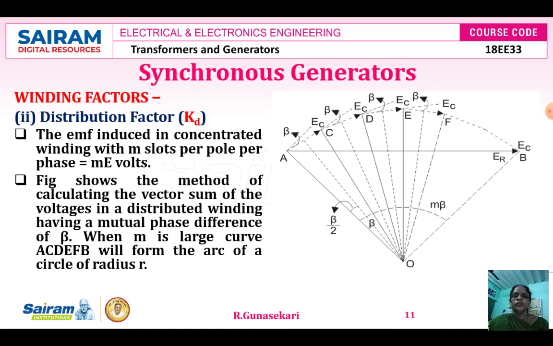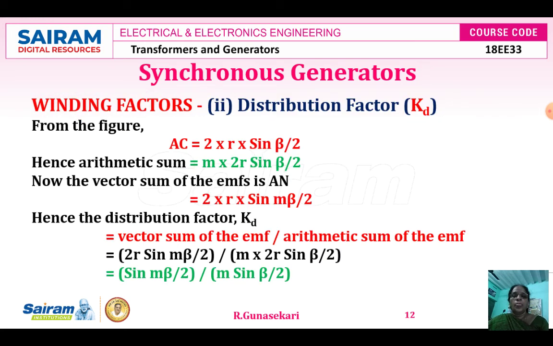Now we calculate the vector sum of the voltages in the distributed winding, which have a mutual phase difference of beta, while m beta is the large angle for the arc ACDEFB. The radius of the circle is r. Now we can derive the equations.